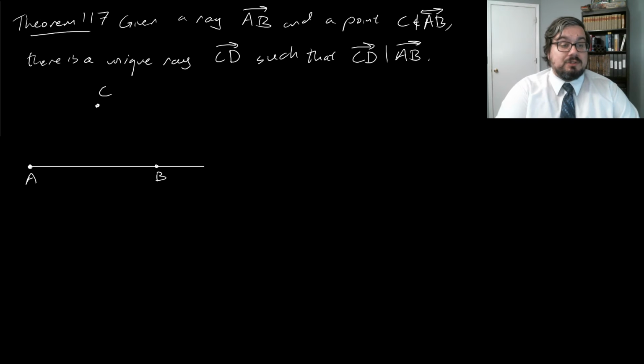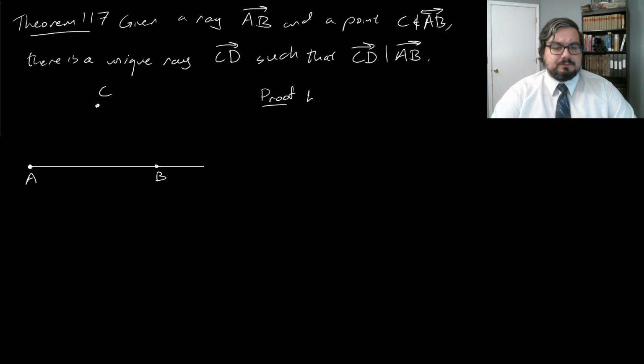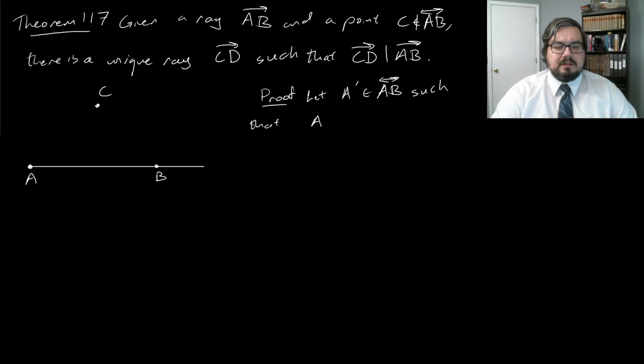And for this, we're going to use the critical function. So let A prime be in the ray AB such that the line A prime C is perpendicular to the line AB.